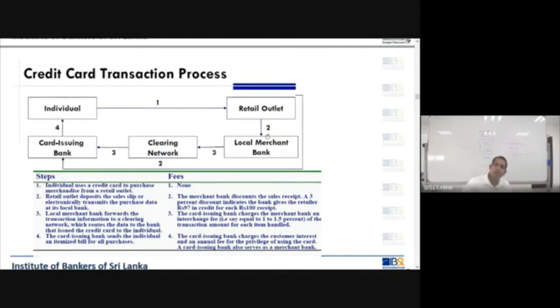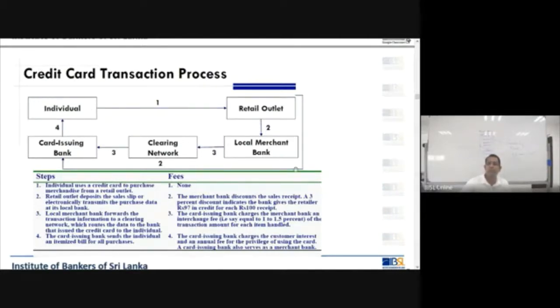So they will get 9,850. Right? Then we are going to share the fee among the merchant bank and the card issuing bank. And the card issuing bank will charge 100 rupees to the individual.